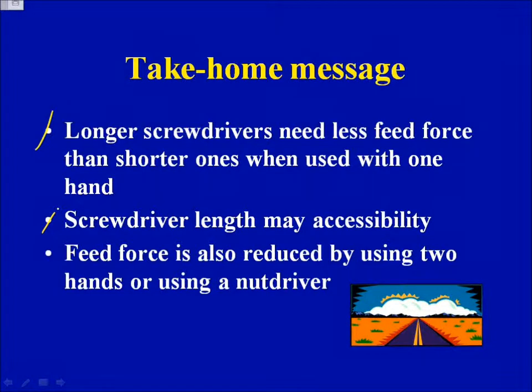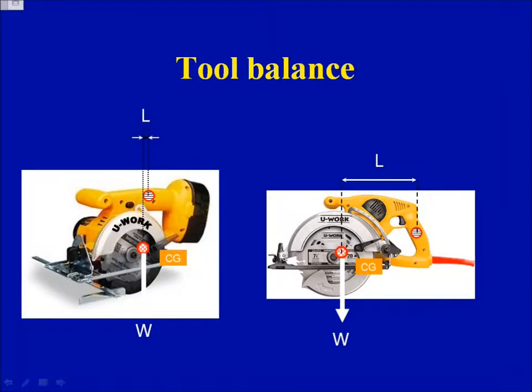And it's kind of interesting when you look at how that's applied. So your take-home message there then, longer screwdrivers need less feed force than shorter ones when used with one hand. Screwdriver length affects accessibility, and feed force is also reduced by using 2 hands or using a nut driver or a nut runner, and this is a powered screw gun.